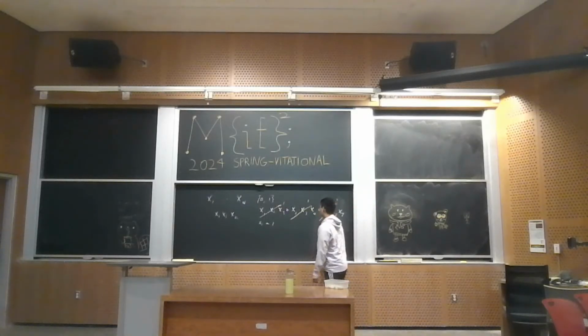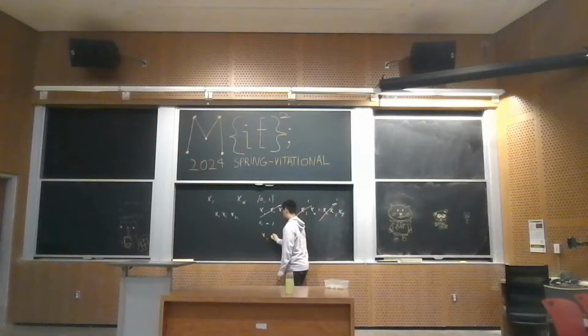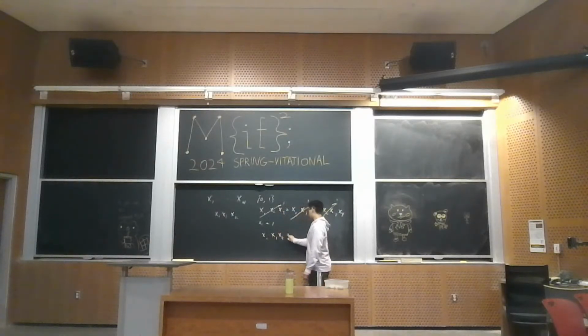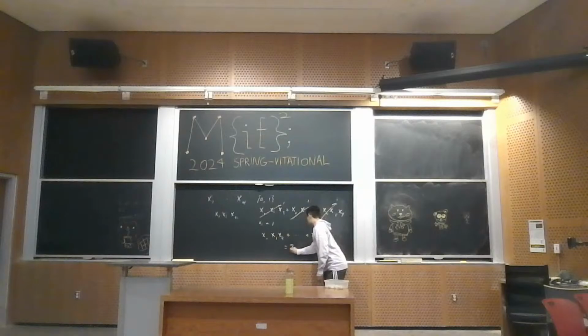So to do this more generally, let's first think about what happens if we have a clause that occurs twice. So if in our expression we have xi xj xk, and then later down the line we have another xi xj xk, mathematically this can be rewritten as 2 times xi xj xk.